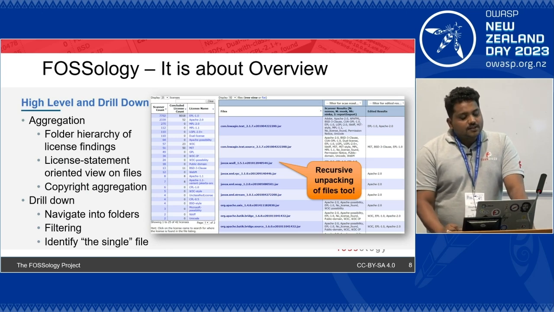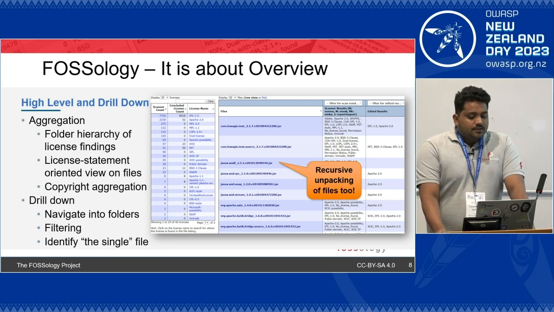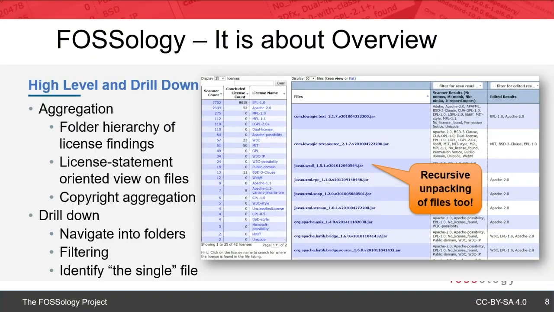So that is mostly the overview of FOSSology. Whenever you upload a component, it recursively unpacks the files and you drill down from the higher level. We have the folder hierarchy for license findings. We have the scan results, and we also have the edited results. Whenever you edit these results, they will be found in the edited result tab.